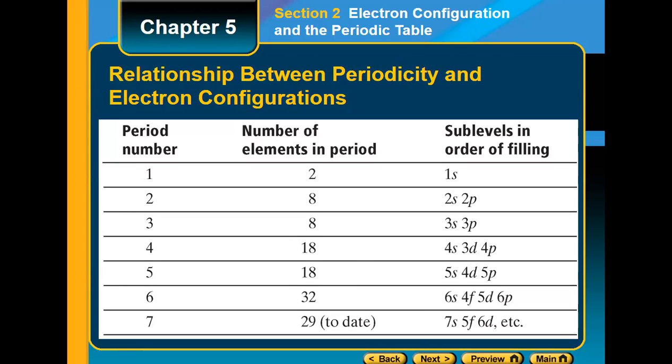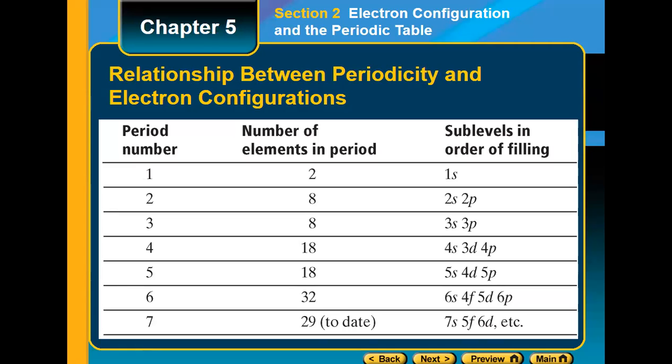So here, this diagram represents the idea we mentioned in the first part, on the first slide, that each period is represented by the number of elements that could be filled. So we find the period number, the number of elements in the period, and the sub energy level. In period 1 we have 2 electrons, so that means we have 2 elements, because just the sub energy level s gets filled by 2.